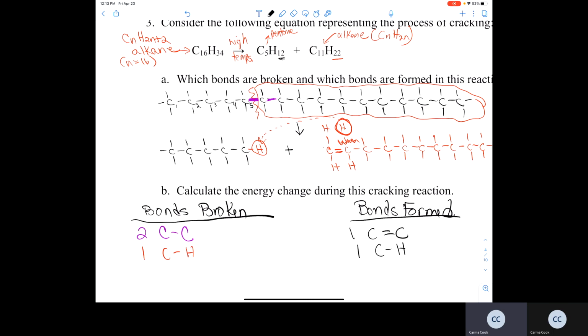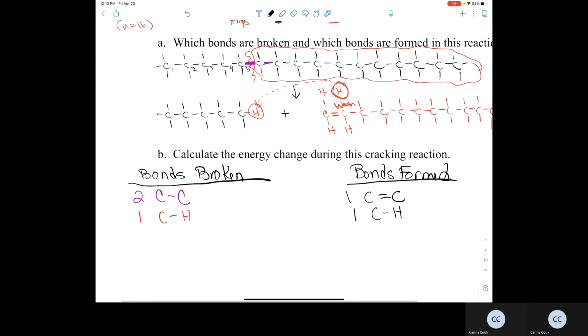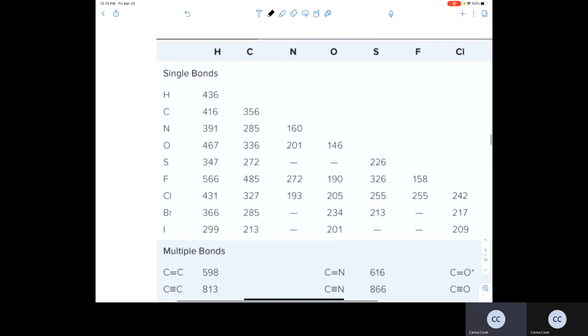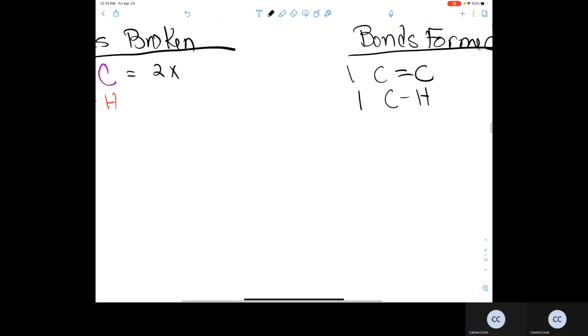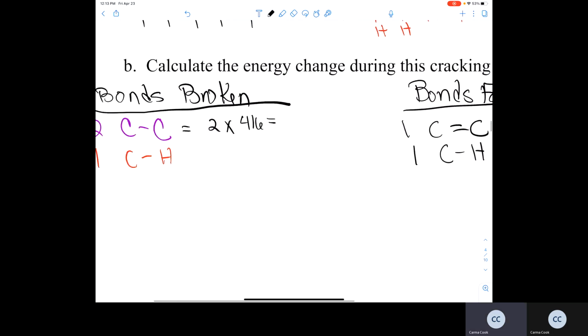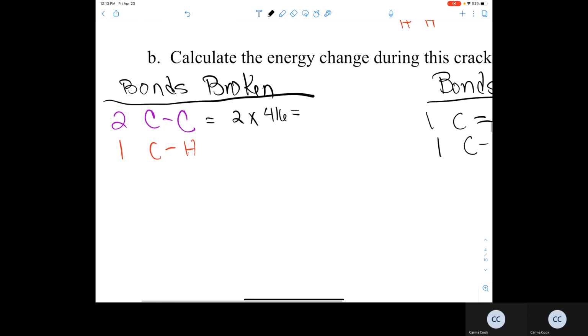So let's find the bond energies. A C-H bond is 416 kilojoules per mole. So it's 1 times 416.